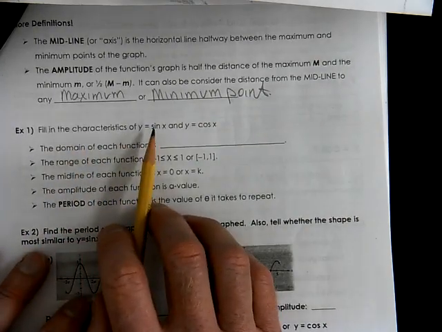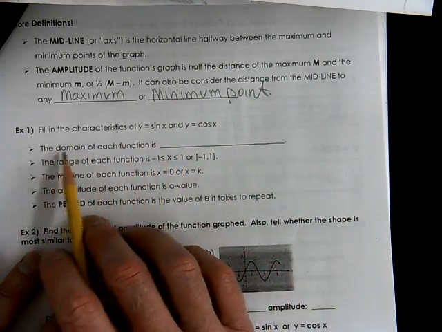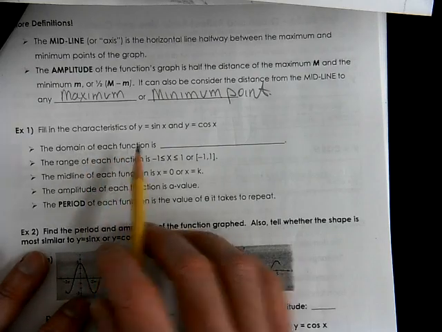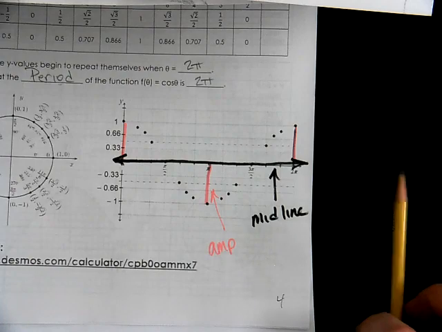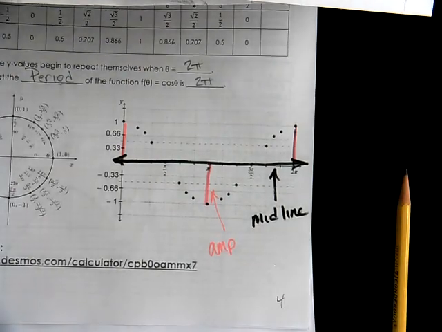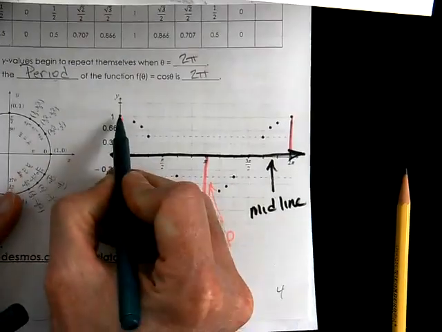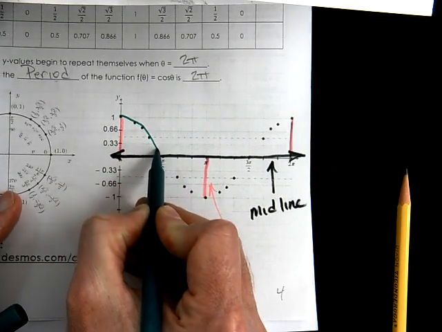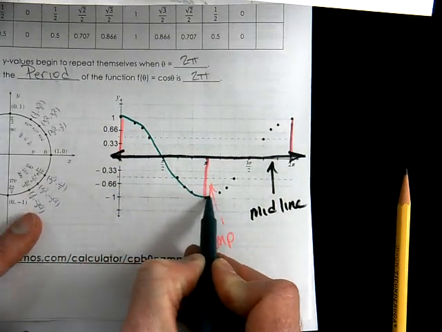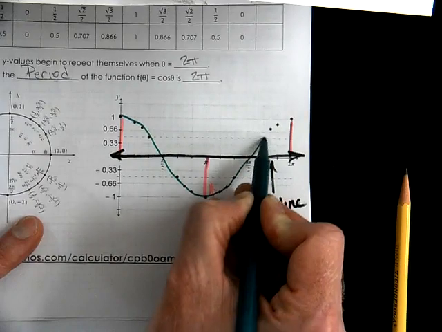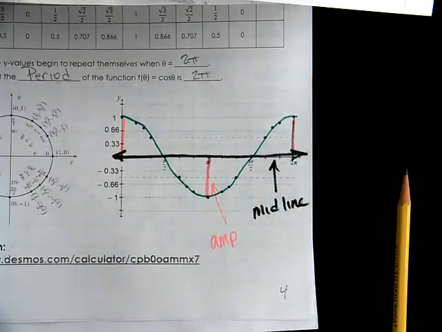Okay, different characteristics about the sine and cosine graph. The domain of each of our functions. Well, when we were over here, we talked about how the graph hit each one of these points as it went through. That shows you that it's not real pointy.